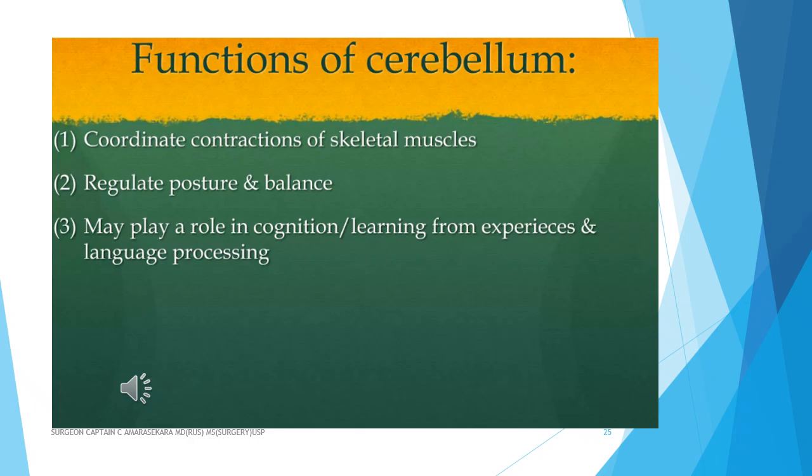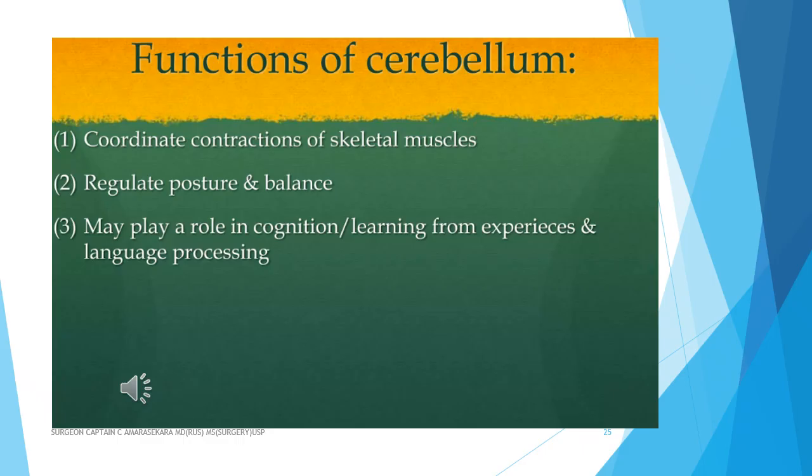The other function is cognitive and language processing. Emerging evidence shows cerebellar involvement in working memory, attention, and language modulation. The posterior lobe, especially the lateral hemispheres, interacts with the prefrontal and temporal cortices.